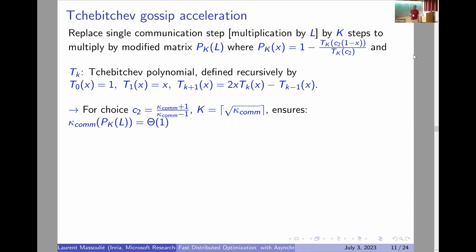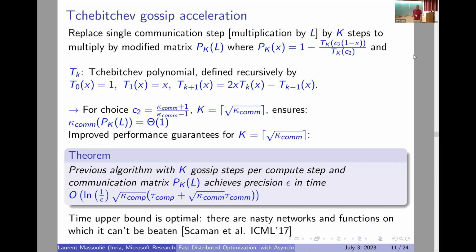So if I plug that in the previous result, I have a new global condition number that only involves the computational condition number. And then I replace one step of communication by square root kappa_com steps of communication. So what's the big deal of moving around this square root kappa_com from the outside of the bracket to inside?